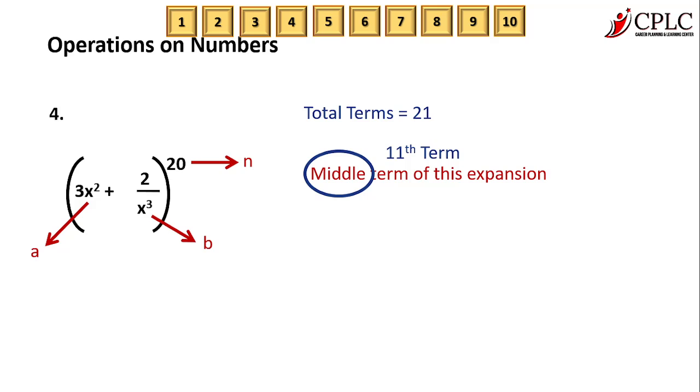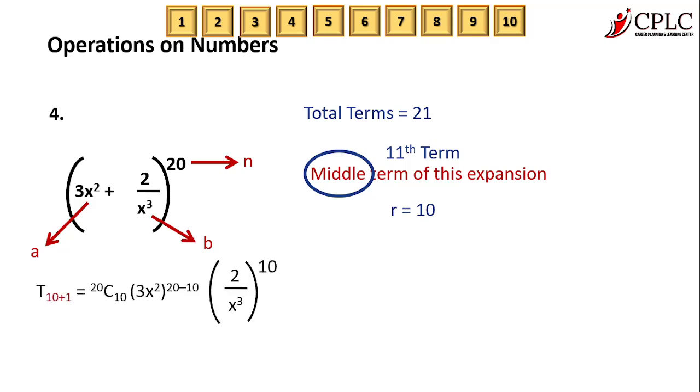So if we are supposed to find the middle term, in a way they are asking us to find the 11th term. And for this you have to use the formula of T(r+1). You should know that for the 11th term, the value of r is going to be 10. So let's substitute the values in the formula.